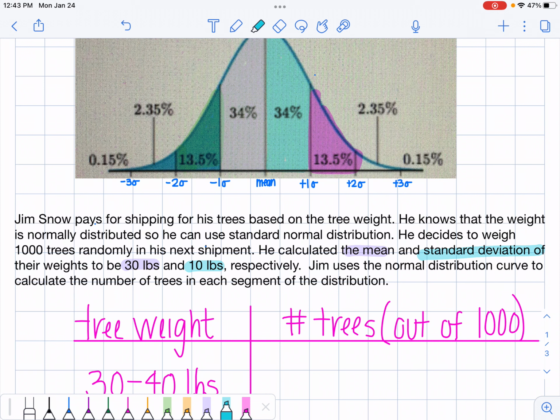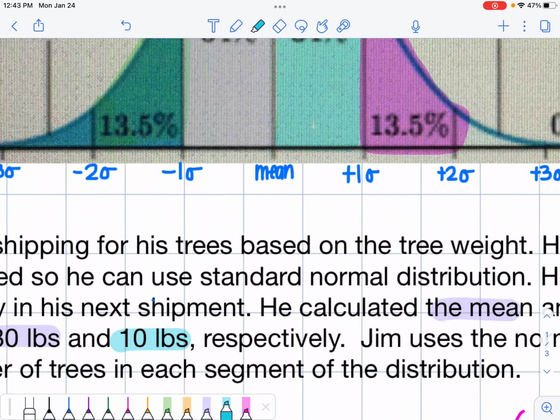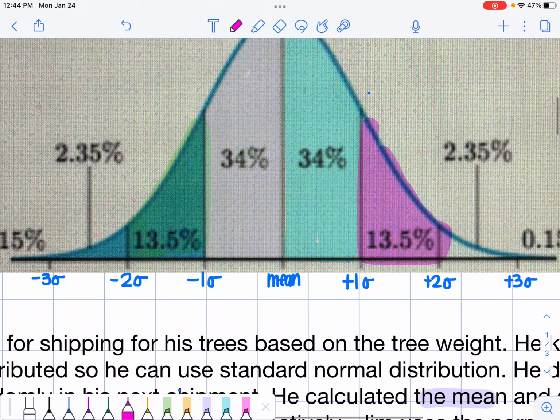Jim uses the normal distribution curve to calculate the number of trees in each segment of the distribution. So if I use the normal distribution curve, it tells me that the mean is 30. I'm going to come up here and draw. The mean is 30 pounds. Now it tells me that my standard deviation is 10, so that means 10 pounds from the mean.